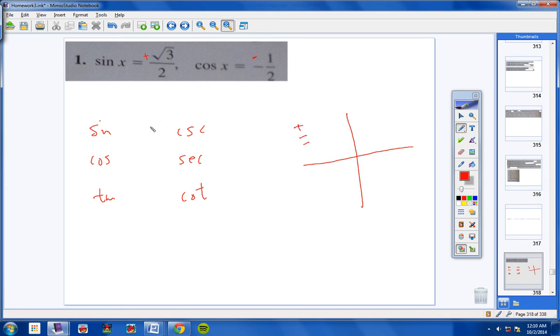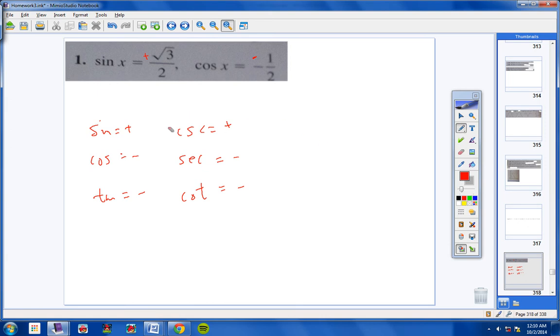So my sine sequence is positive, negative, negative. So let's see. Sine will be positive. I guess I could put x in there. I'm not going to, but sine will be positive and cosecant will be positive, and this will be negative, negative, negative, negative. And with that in mind, here we go.